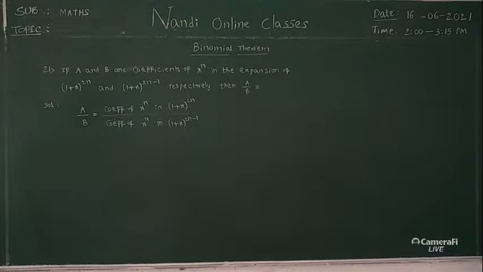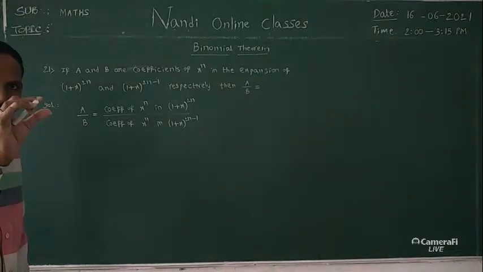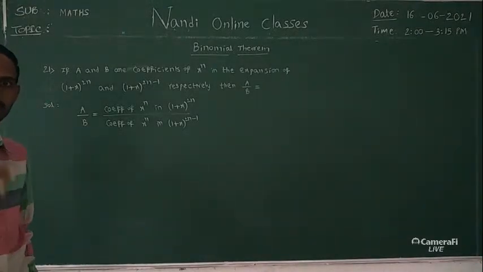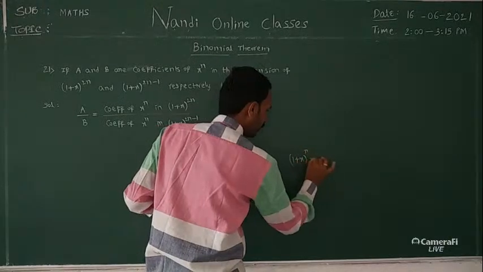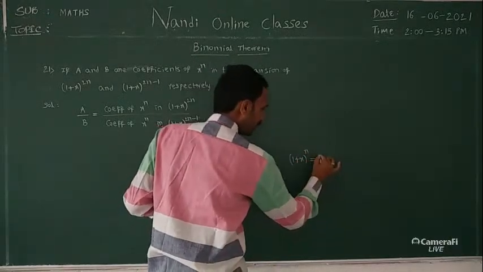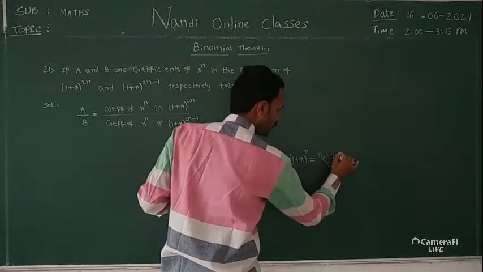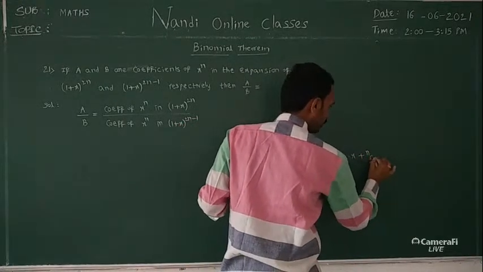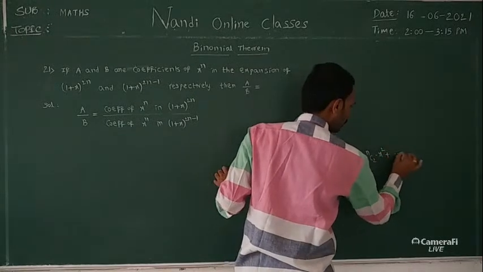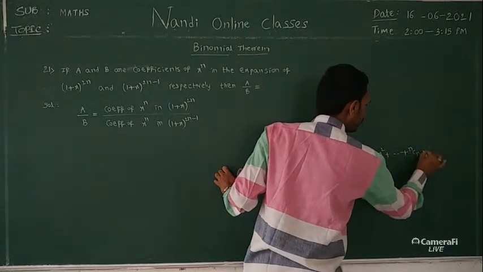You know the expansion of (1 plus x) whole power n. In the synopsis, I gave the fifth formula. What is the formula given? nC0 plus nC1 into x plus nC2 into x square and so on, nCn into x power n.